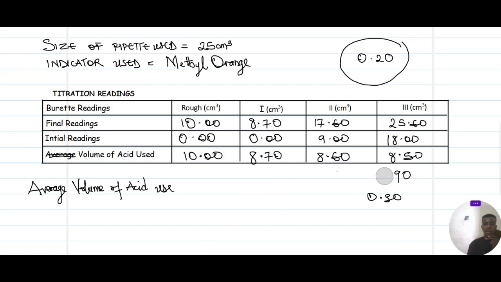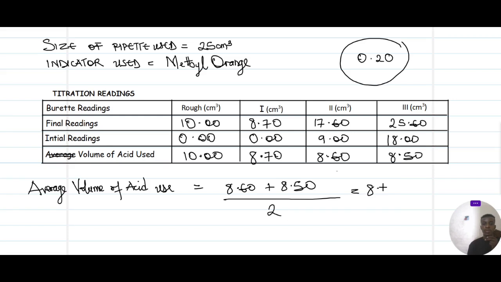So if we go with those 2, you take the average: 8.60 plus 8.50 divided by 2, because you are using just the second and the third reading. If you are using the 3, you divide by 3, but since you're using 2, you divide by 2. So if you divide by 2, you should have 8.55 cm cube. This becomes your VA, which is the average volume of acid used.